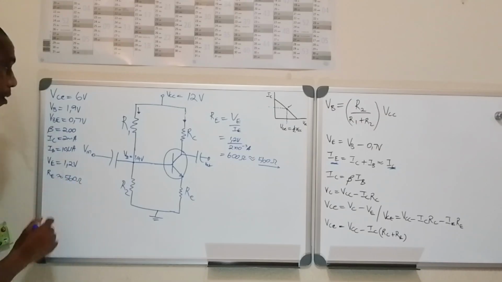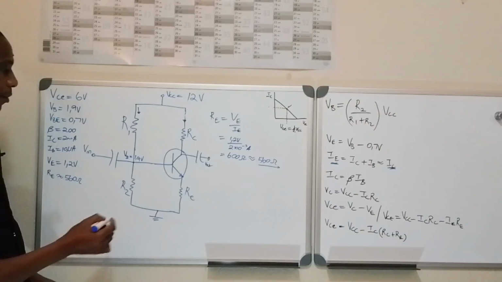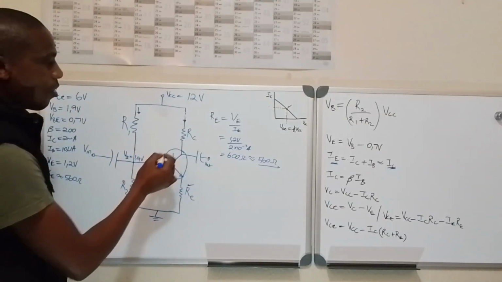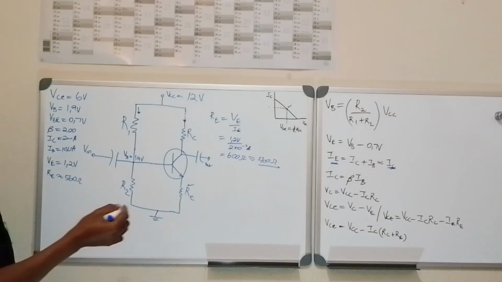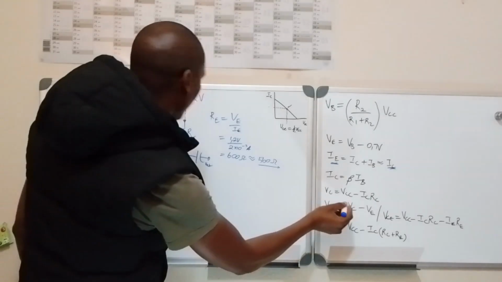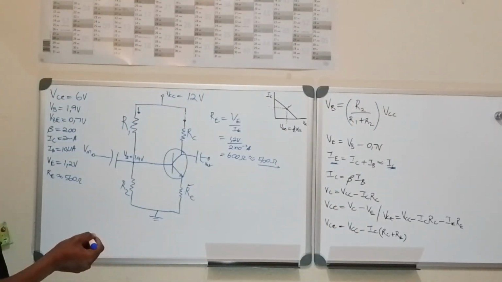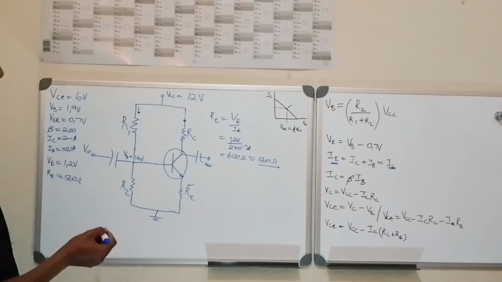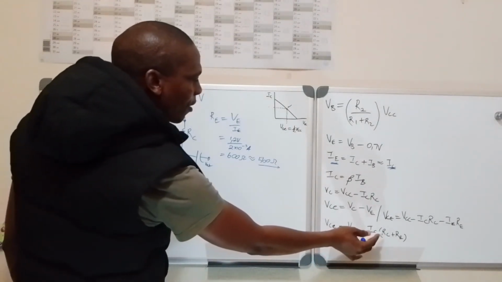Remember that you have tolerance for resistors. Now RC. Do you have VC? We have VCE, VCC, IC.